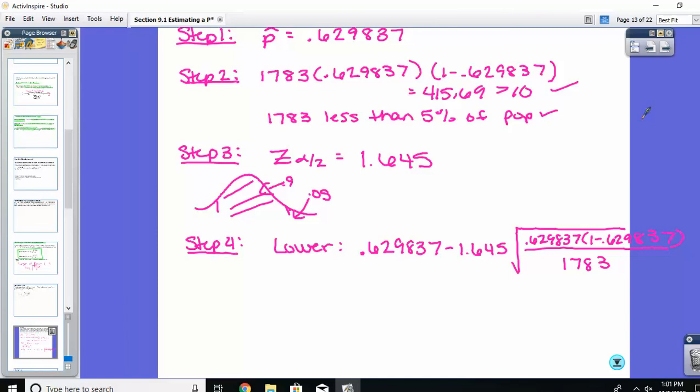So we are just going to put all of this in the calculator. I would appreciate everybody taking the time to plug this in just so we can make sure we can put this in the calculator.